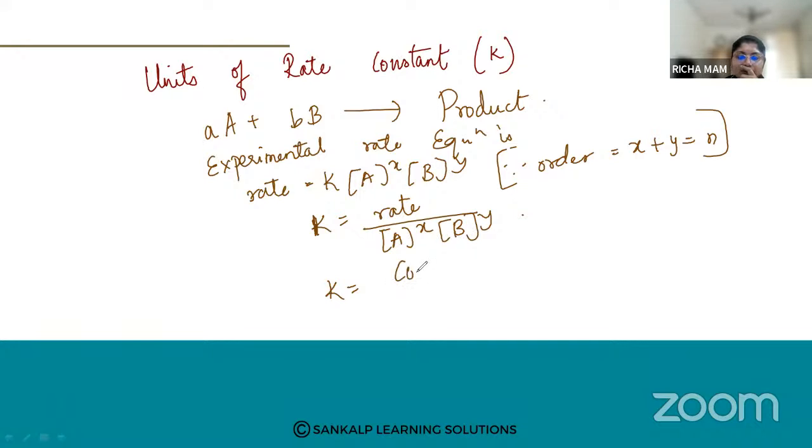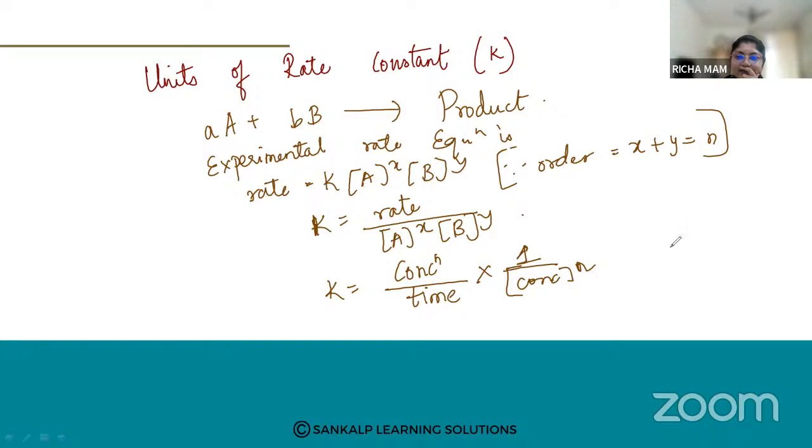Rate is change in concentration with respect to time. A and B are also concentrations, and X plus Y is n.